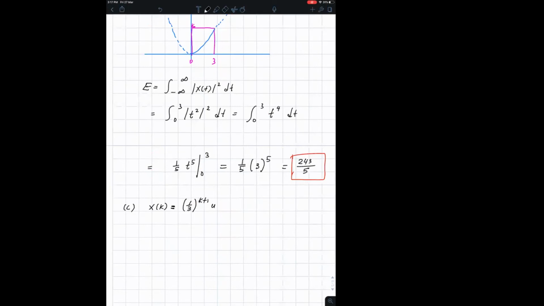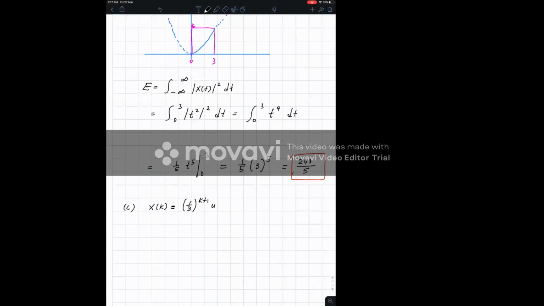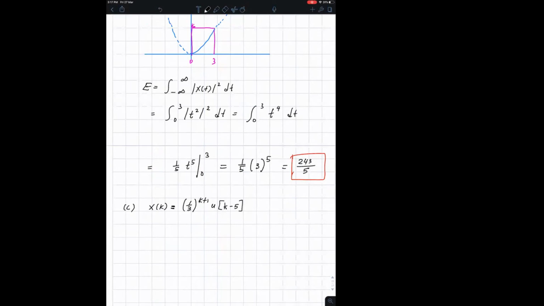Before we can work on this problem, we try to separate the constant terms from the k-dependent terms. So 1/3 is the same as 1/3 to the power of k multiplied by 1/3 to the power of 1.